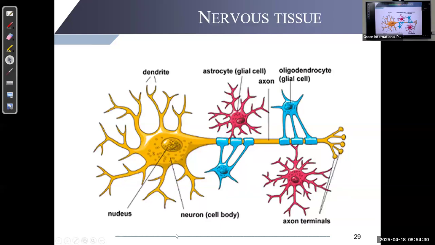We have the dendrite, this is the nucleus. Such nervous tissue will be next to each other. How is the signal passed? The same structure will be another structure. Where it ends is the axon terminals. Again another neuron or the nerve tissue starts from there. So the signal keeps moving. This is how it is arranged throughout the nerves.